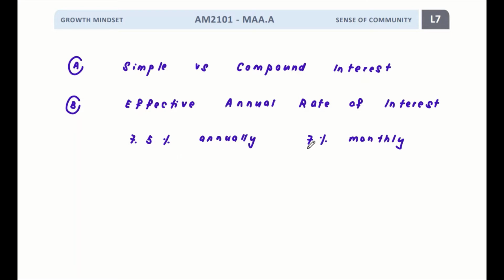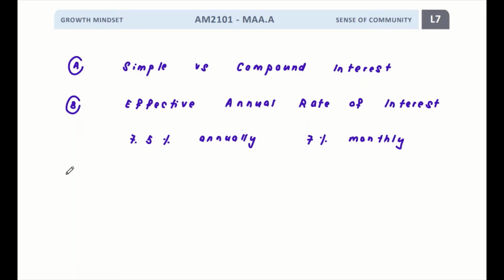So how are we going to find out the real rate of interest that actually gives us the amount of money after a year? That's why we use the calculation for effective annual rate of interest, to help us compare the efficiency, or the real rate of interest generated from the investment scheme.